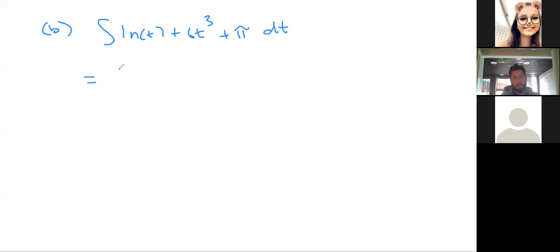To do this one, you have to just know that the antiderivative of log is, excuse me, erase this for a second. This is incorrect. That's not what we want to do. I'm getting ahead of myself. What I wanted was 1 over t plus 3t squared plus pi.